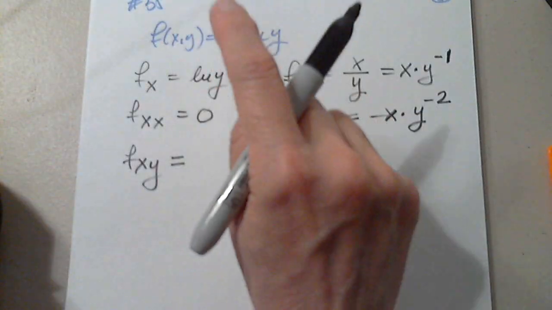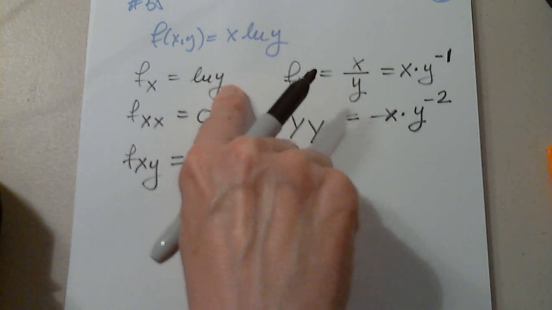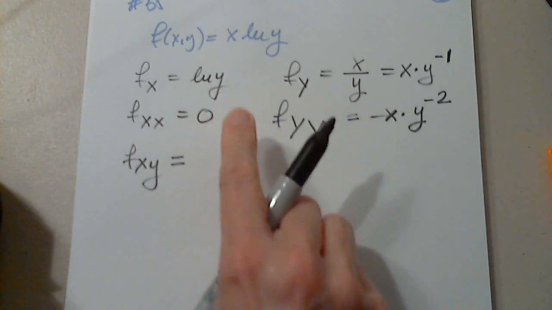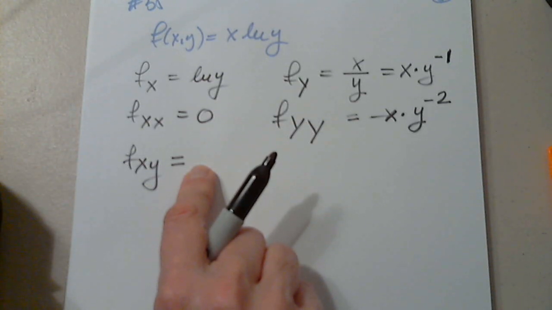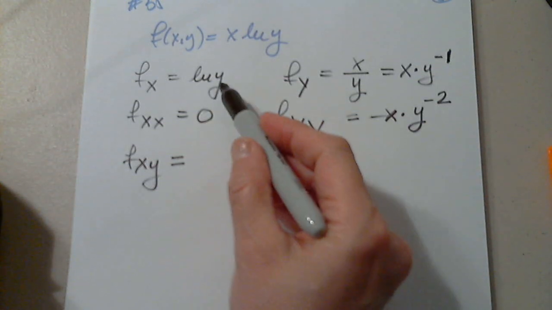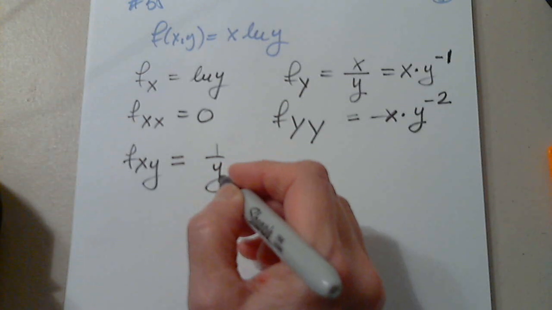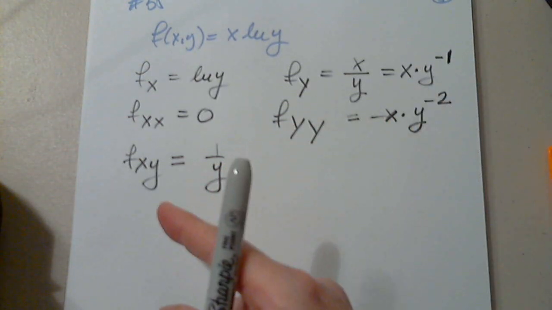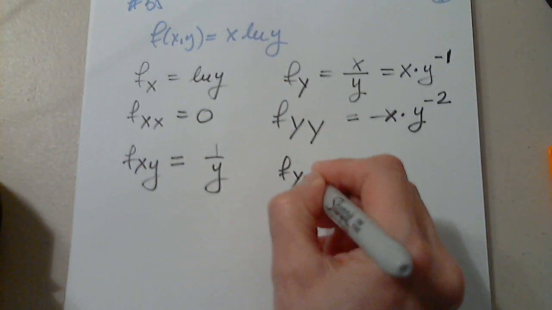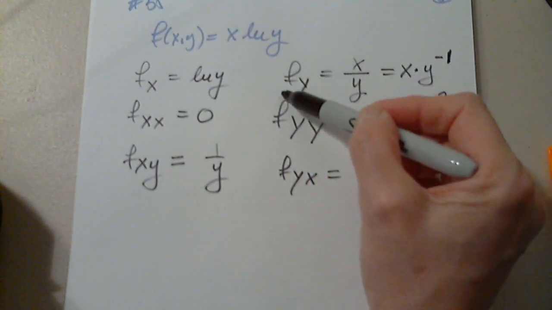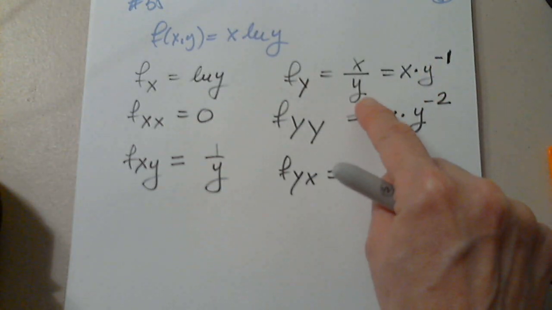Good. Now we want fxy. We differentiate this, it's already with respect to x. Now we want to differentiate with respect to y only. That's it. You mean 1 over y. Good. So now the only other thing that we need to determine is fyx. It's already differentiated with respect to y. We want to differentiate it with respect to x.